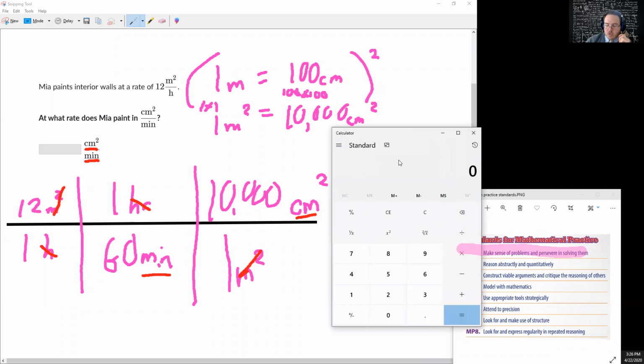Okay, so that'd be 12 divided by 60 times 10,000. The answer is 2,000, and that is the correct answer. Sweet! That makes me feel super good because yesterday that kind of problem was giving me a bit of a headache. So that's 2,000 centimeters squared per minute.